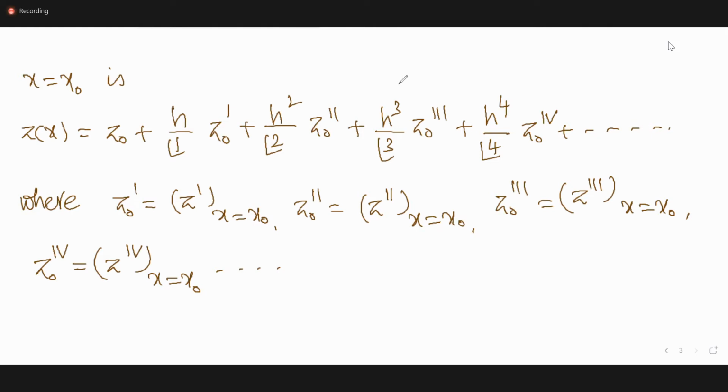Similarly in the Taylor series expansion, z1 is in terms of z0. So how to calculate z of x1? That is in terms of z0 only. How to calculate z of x2? That is in terms of z1 only.